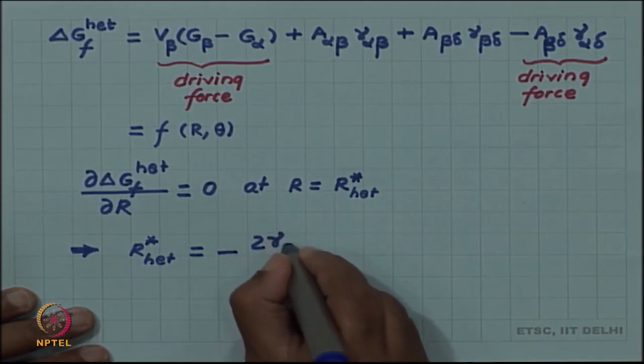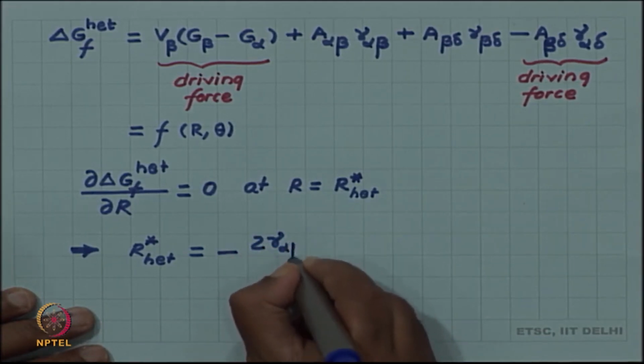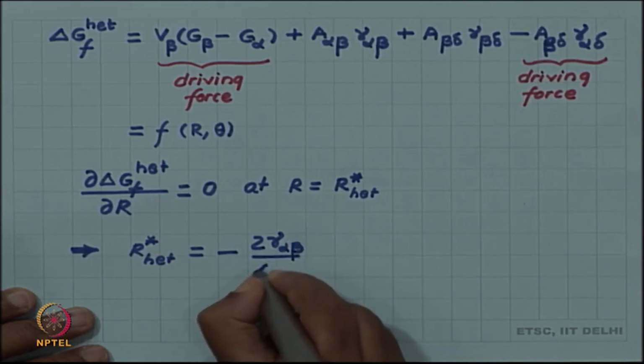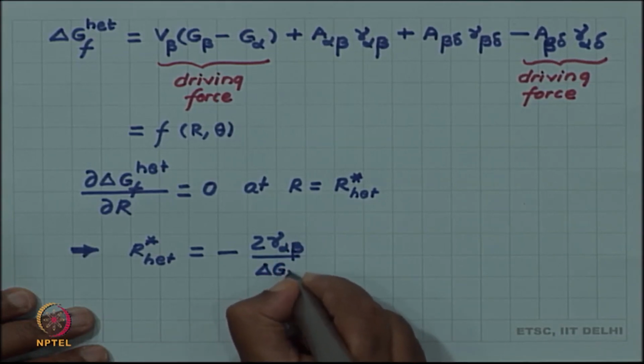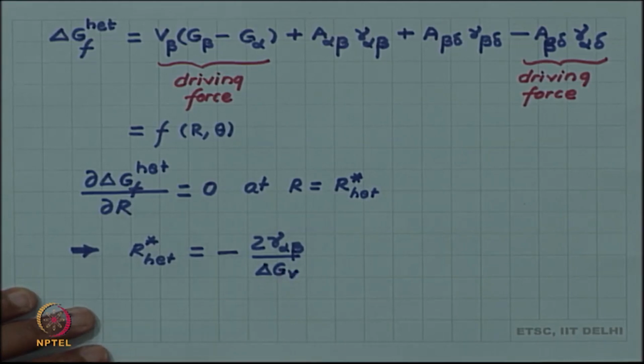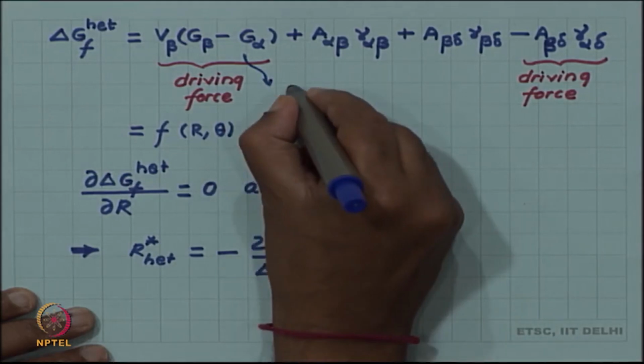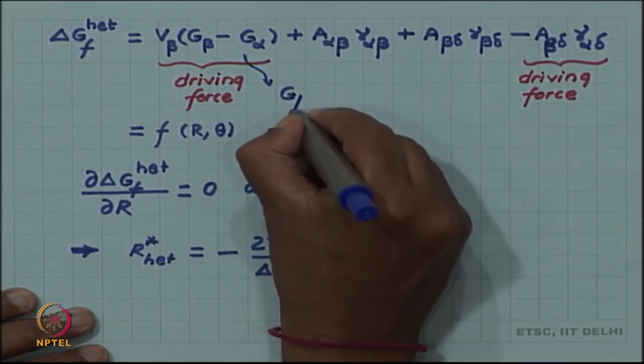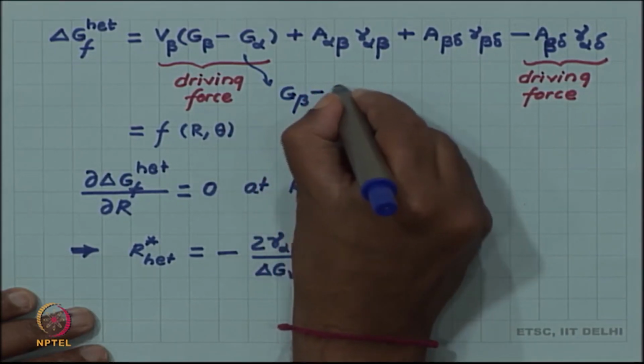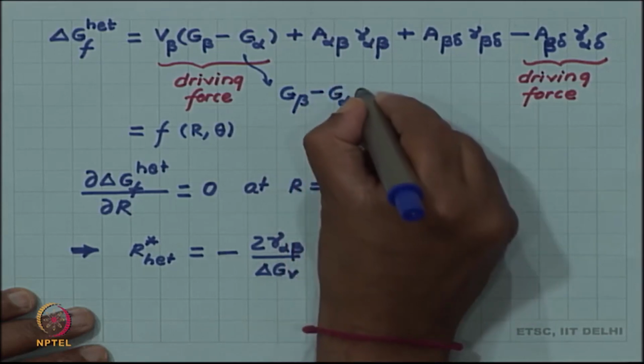minus 2 gamma alpha beta by delta G V. Delta G V is again this term here, G beta minus G alpha.